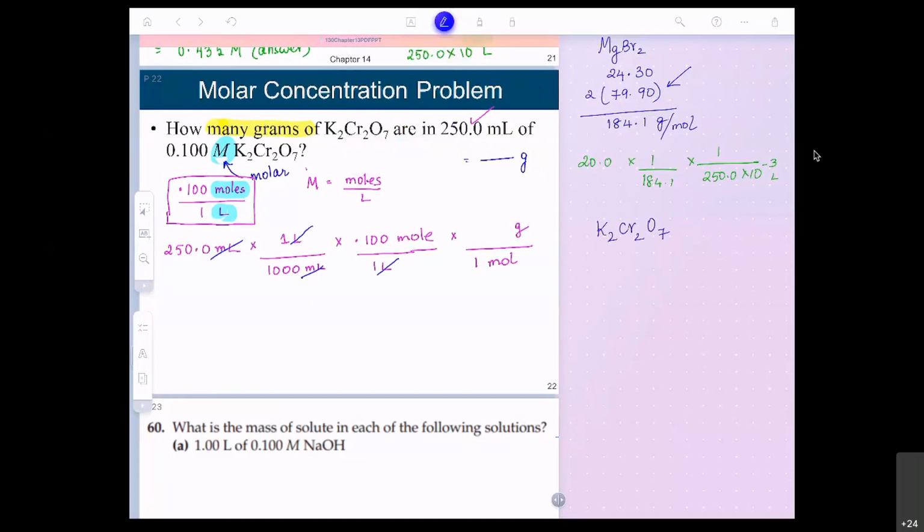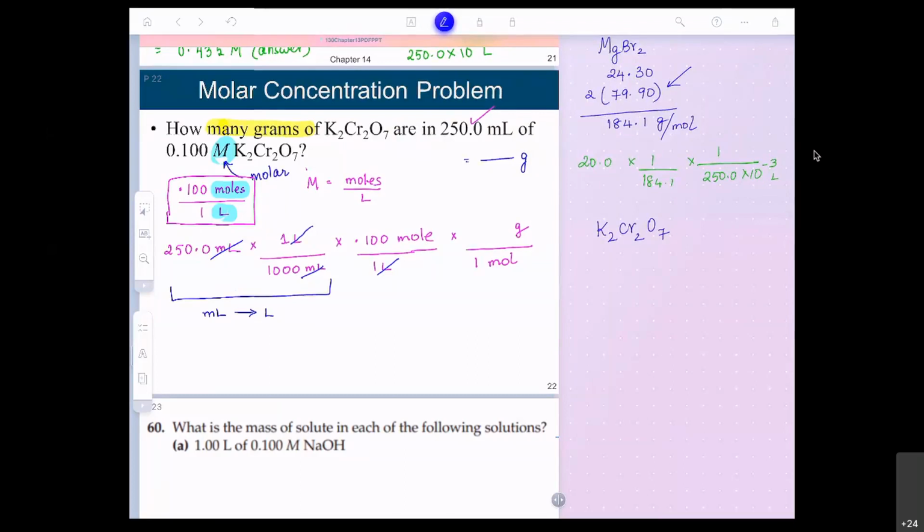Before I actually do that calculation, I want to repeat this. I decided to start with 250.0 mL. I'll also do a setup by starting with 0.100, so you don't have to worry about which one to start with. You write 250 milliliters. You have to convert it into liters, because you cannot cancel milliliters and liters. You can only cancel liters and liters.